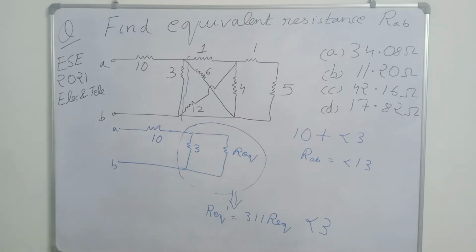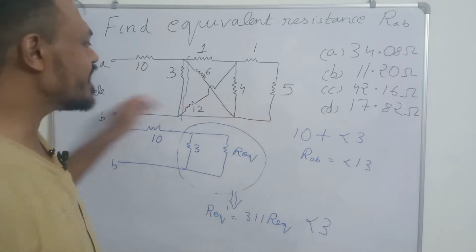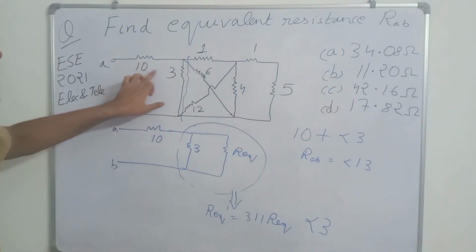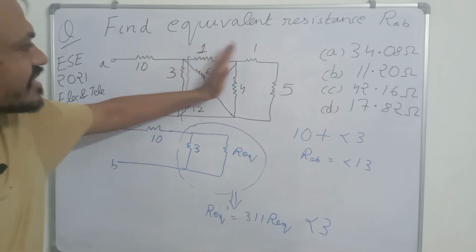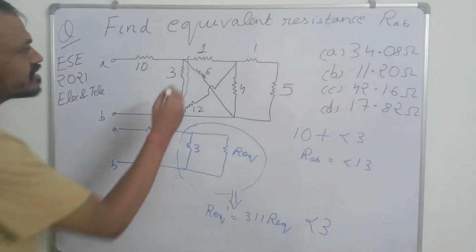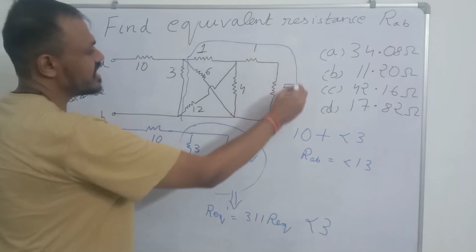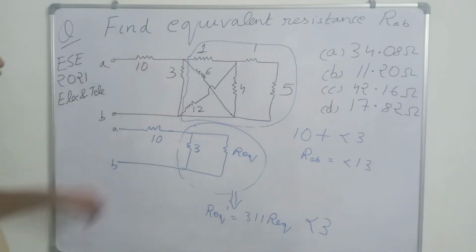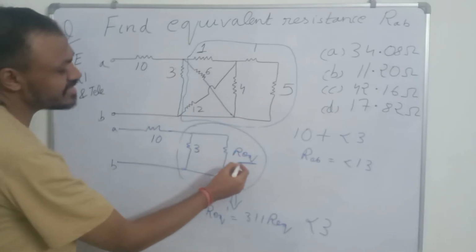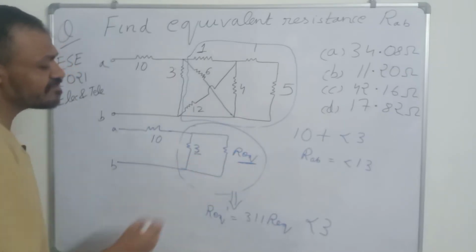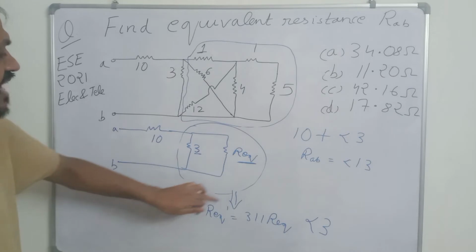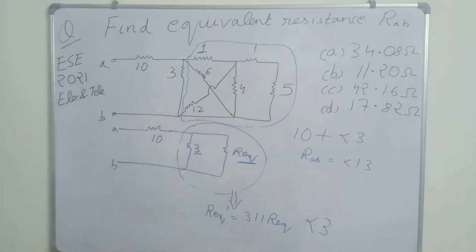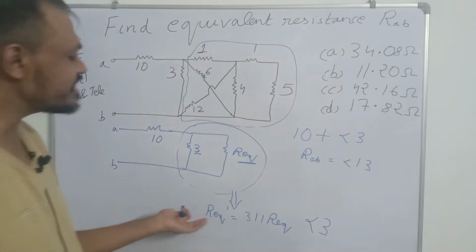But this short trick will come only if you are in regular practice with such questions, because you can easily see that this is a 10 ohm resistor, this is a 3 ohm resistor, and the rest of the whole network, which I have labeled with this circle, is in parallel with this 3 ohm. So I replace it by R equivalent. The equivalent resistance of the combination of 3 and R equivalent will obviously be less than 3, which we name R equivalent dash.